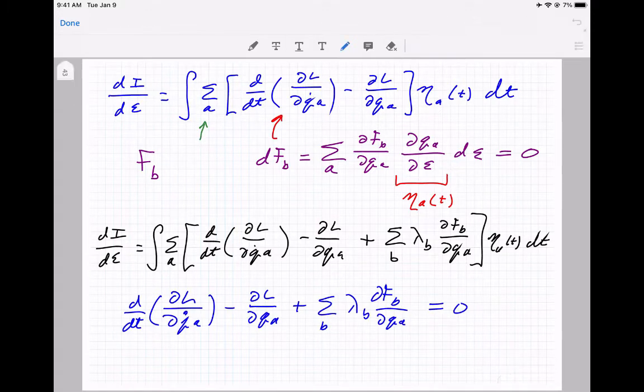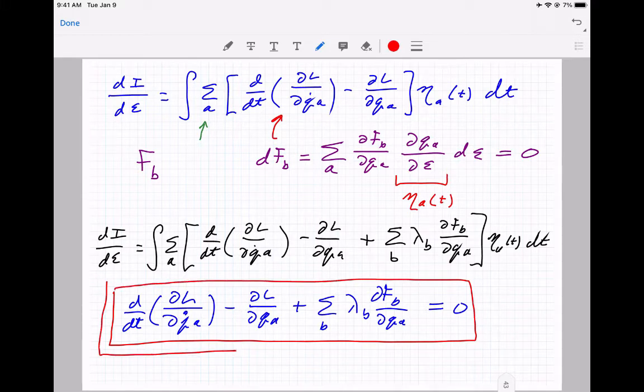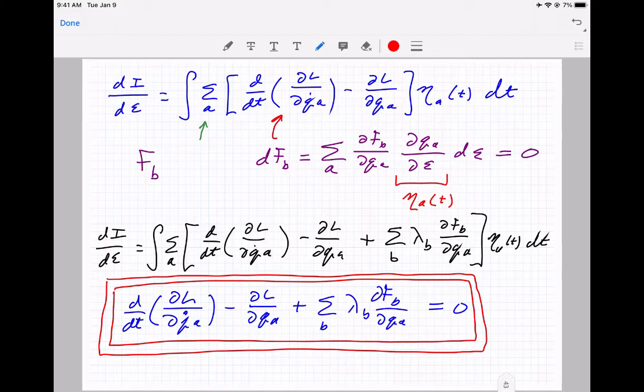And this is such an important equation, this extension, right? So what we've done is we have extended the formalism of Lagrange's equations so that in some sense we no longer even have to identify degrees of freedom.